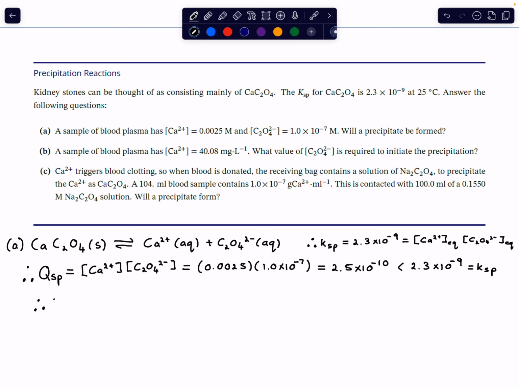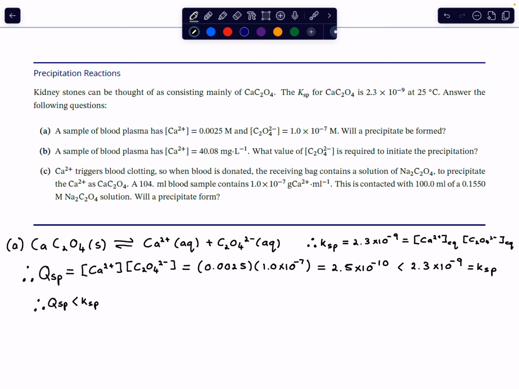So our QSP, our ion product, as it's called for solubility equilibria, is less than our KSP. And when Q is less than K in terms of solubility equilibria, then it means that no precipitate will form. In other words, we can still continue adding ions to this solution until a precipitate forms.